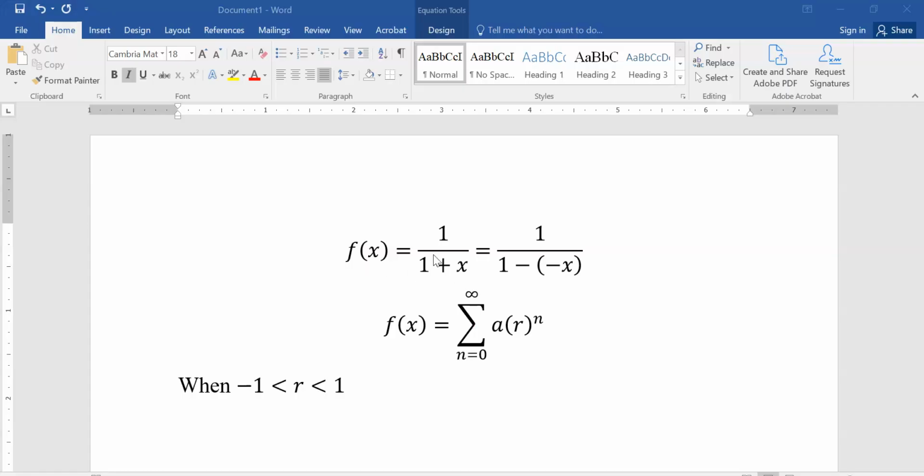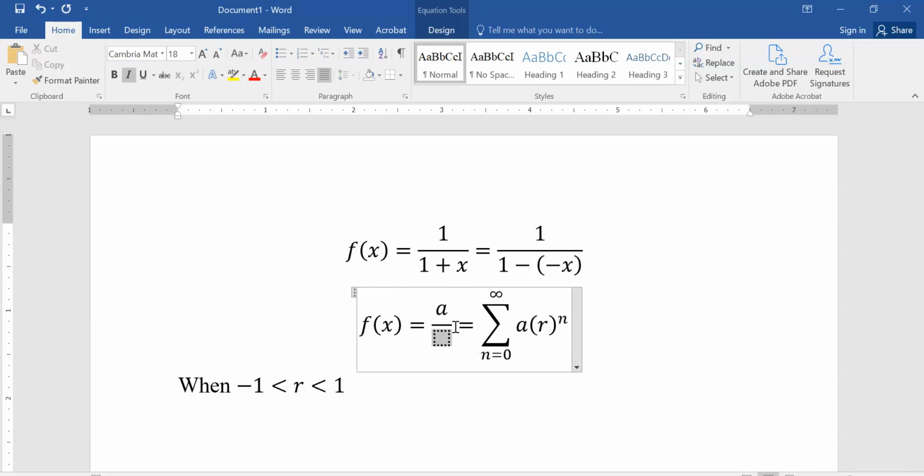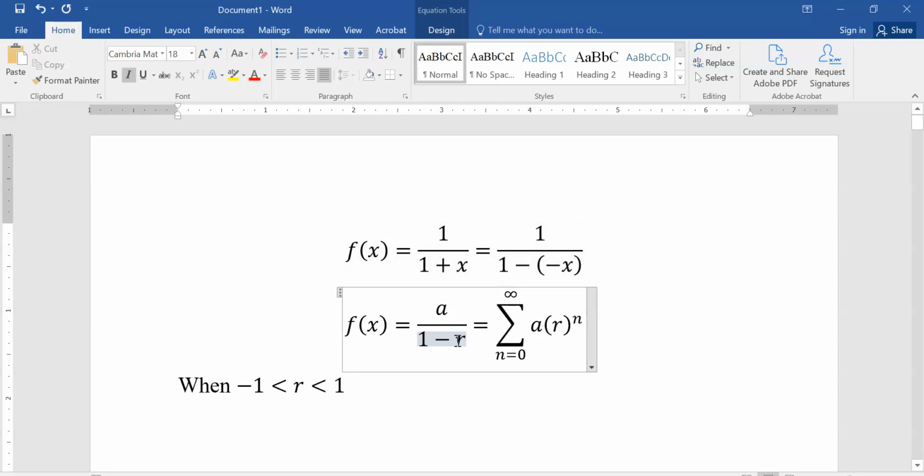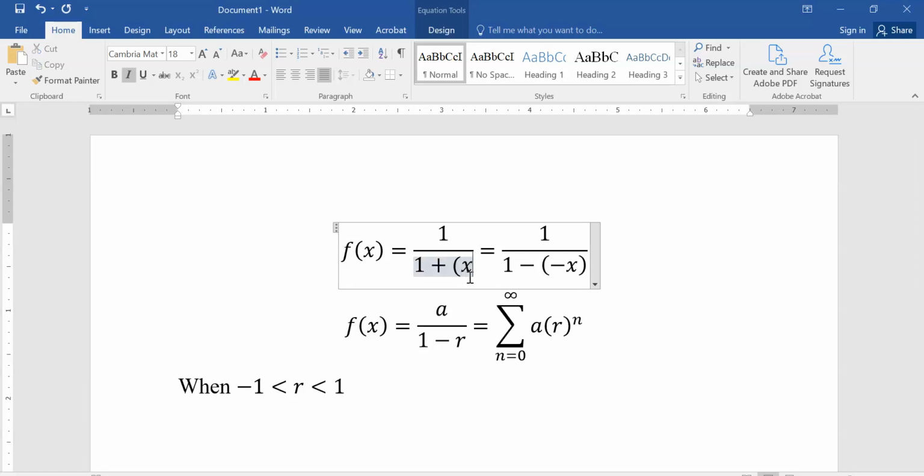The easy way to do this is to take 1 over 1 plus x. And remember, we want our function to be looking like a over 1 minus r. So the only thing we have to do is basically make this plus into a minus. And we're already centered at 0 because we have x by itself. x by itself is the same thing as x minus 0.